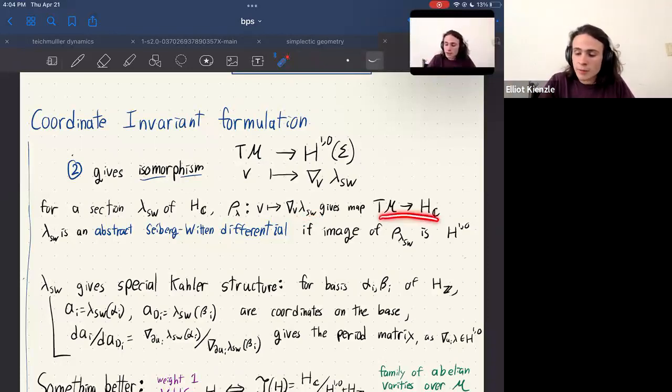And that will give you a map from your tangent space into the full cohomology, into the full Hodge structure. But specifically, we're going to get a Seiberg-Witten differential, or an abstract Seiberg-Witten differential, if the image of this is not just any subspace of the whole full cohomology, but specifically the holomorphic subspace that we specified at the beginning.